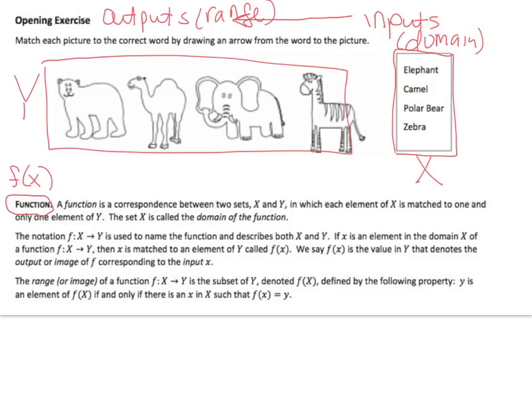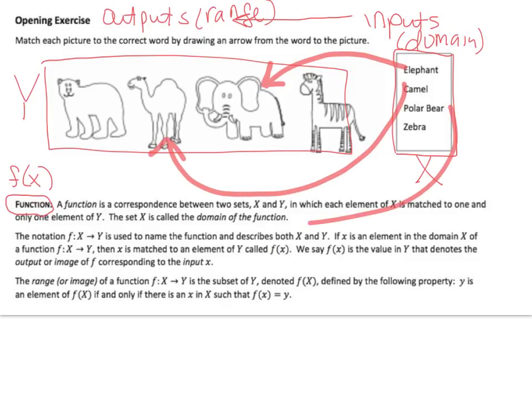And I was able to match just one to one, right? Just one to one. So each element of X is matched, or is in correspondence, to each element of Y.